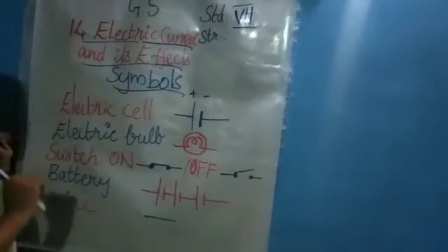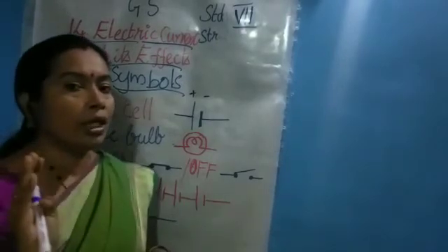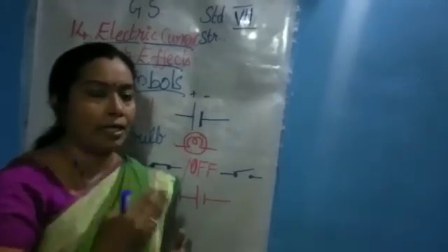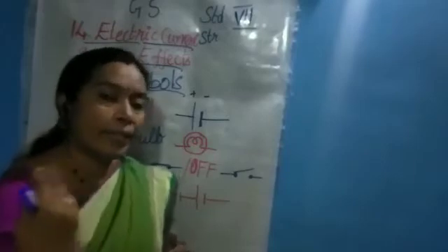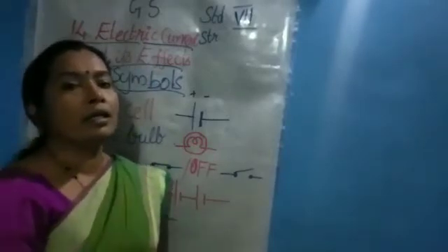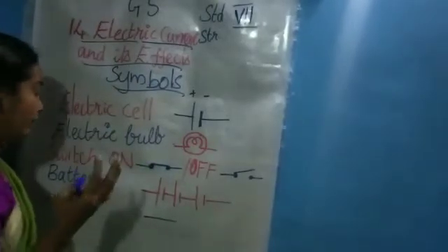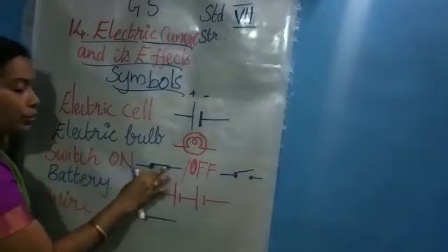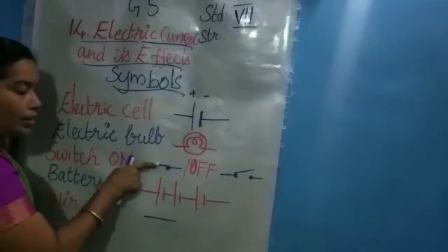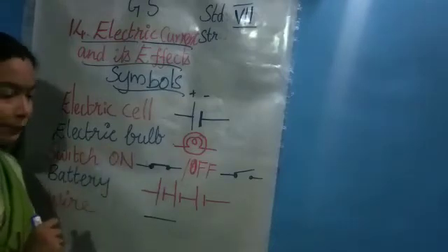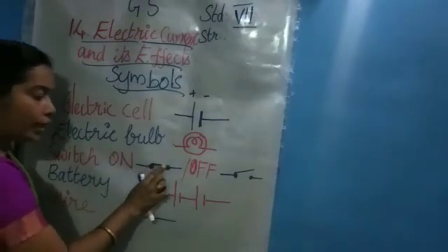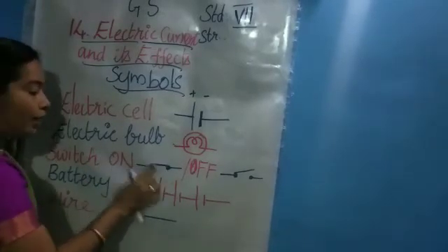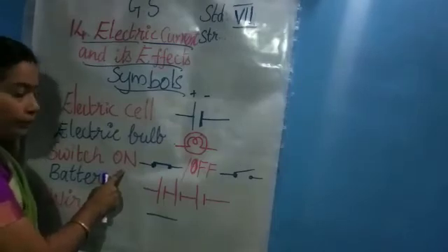And next one is the switch, a very good device to turn the circuit on or off, meaning to cut, break or complete the circuit as we wish. See, in the switch there are 2 ends, and a connector is there connecting the 2 ends. So this is the symbol for the switch being on.